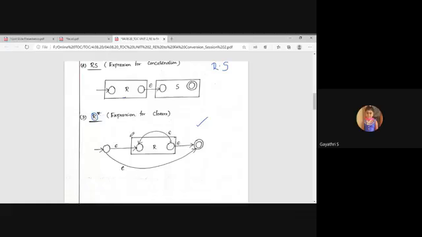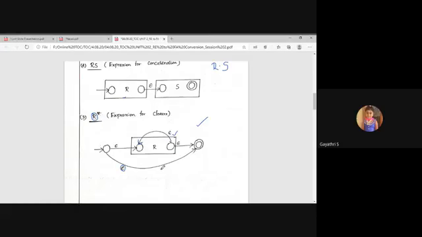Then there is one backtracking transition on epsilon. Then, in the Kleene closure part, a direct connection between the starting state and the ending state on the transition epsilon. So this is the automata for the regular expression closure.